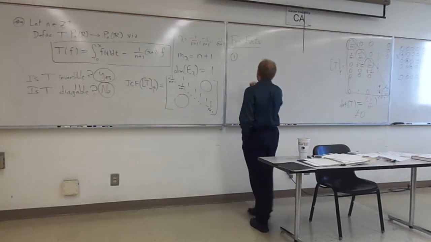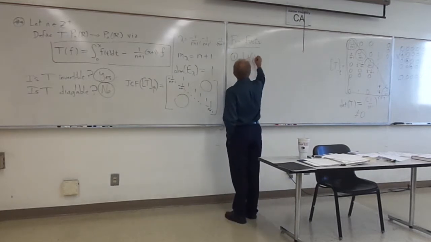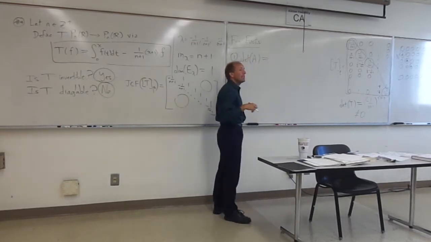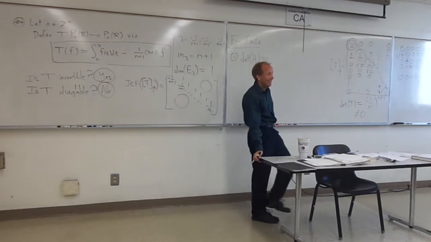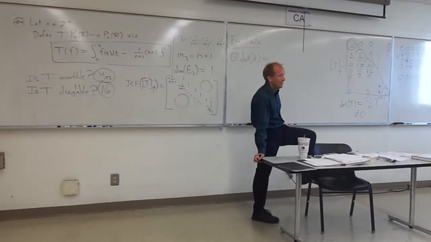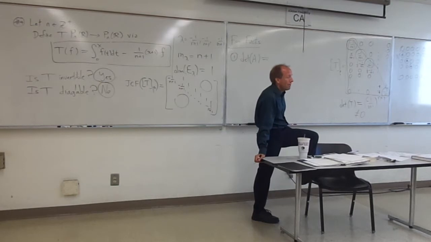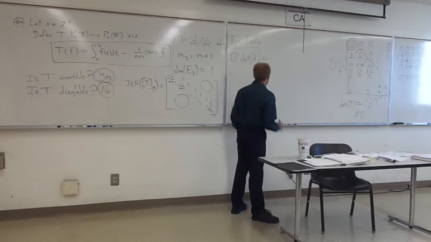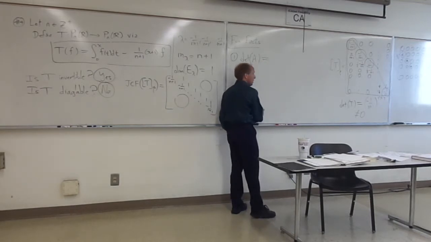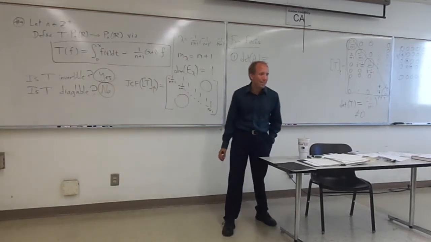Does anybody know a formula for the determinant of a matrix in terms of its eigenvalues? So if I have a matrix that's 3 by 3 and its eigenvalues are 2, 5, and 6, anybody happen to know what the determinant of the matrix is?